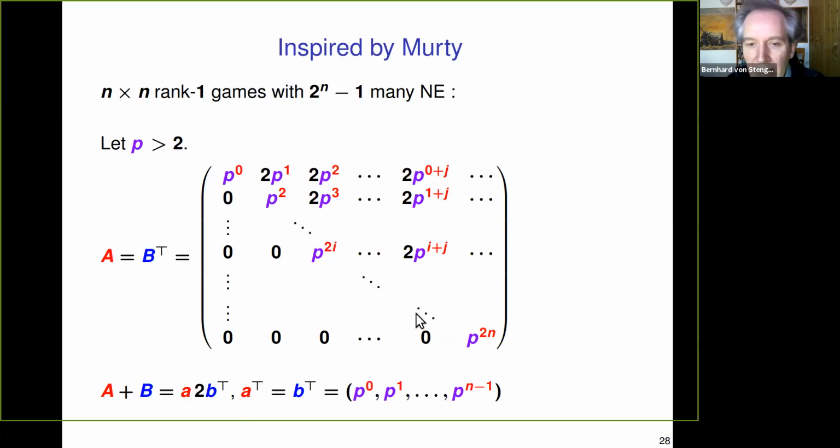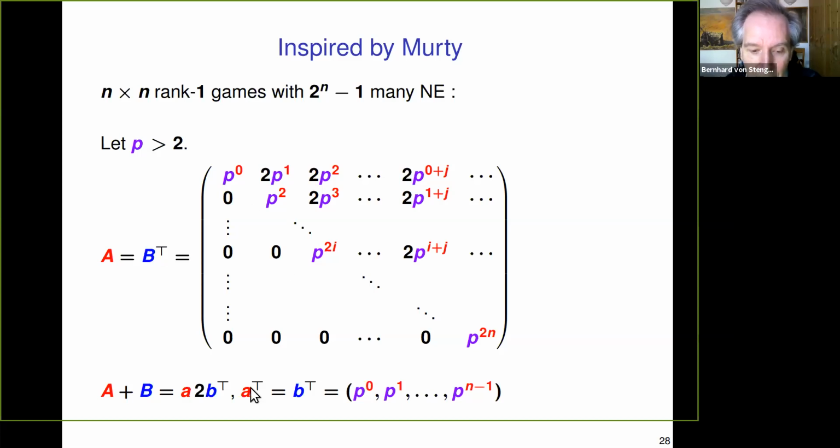Everywhere else, it's 2 times p to the sum of row and column indices, if they start at 0. So in row 0, p to the 1, p to the 2, and so on, but multiplied by 2. And it's a symmetric game. I take A to be equal to B transposed.